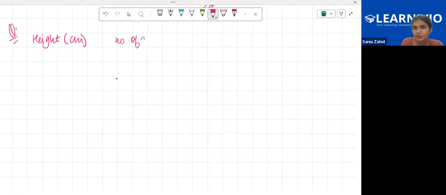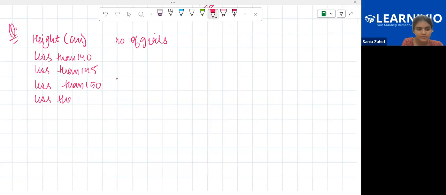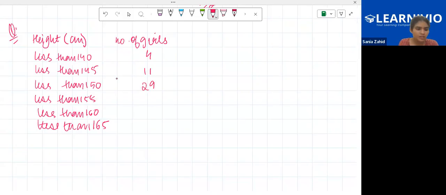Number of girls is given to you. Here the height is less than 140, less than 145, less than 150, less than 155. And the number of girls is given like 4, 11, 29, 40, 46, and 51.